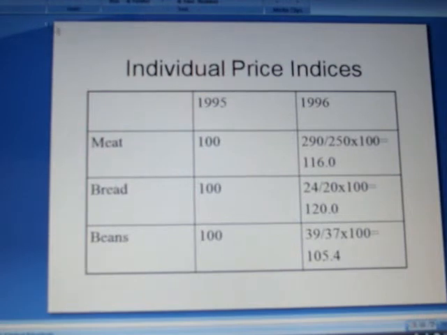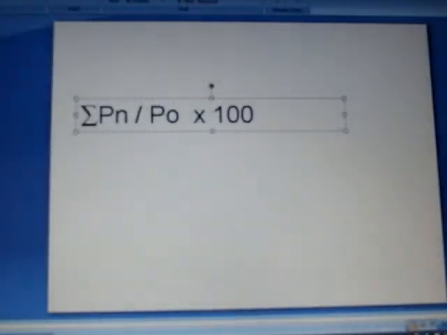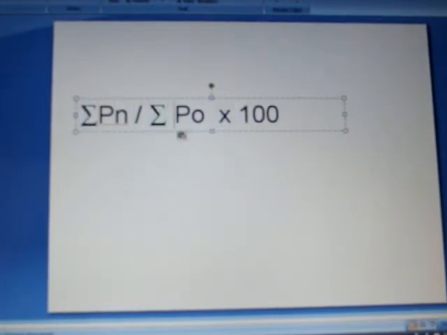If we do not consider the quantity that people are buying, and we just talk in terms of the price, then we may say that we will find the total price for meat, bread and beans, which means summation of the price in 1996, which will be Pn, divided by summation of the price in 1995, which will be P0, multiplied by 100.